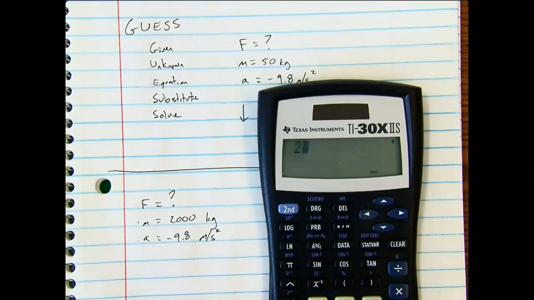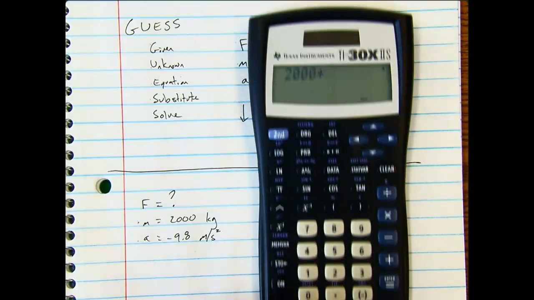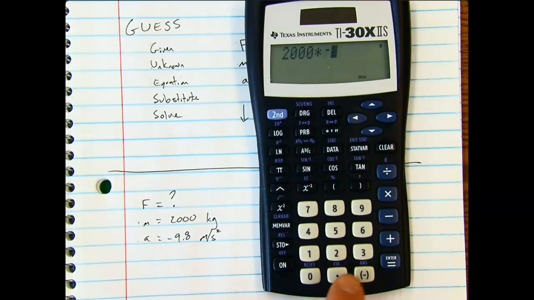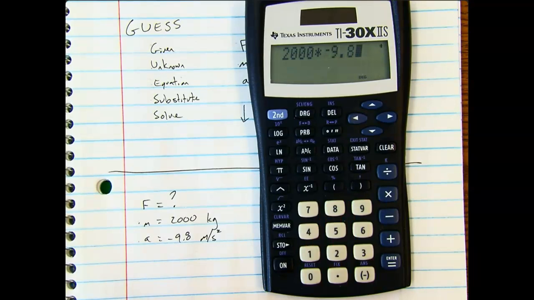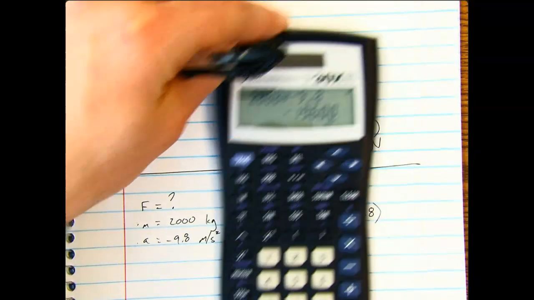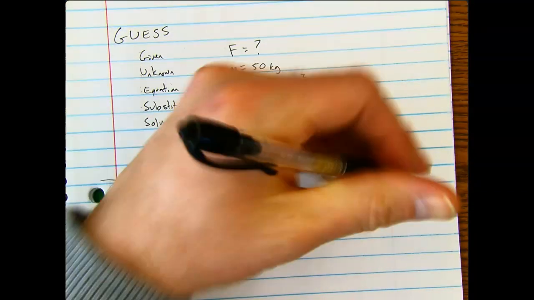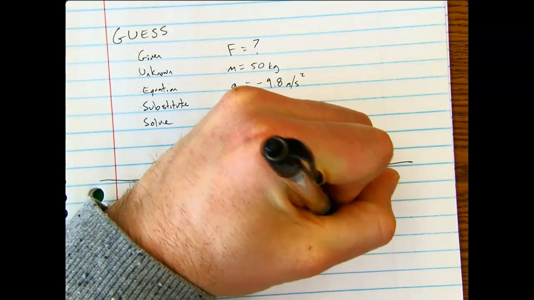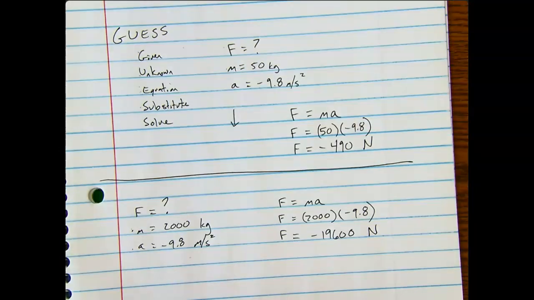So we do 2,000 times, so everyone can see this, negative 9.8 equals negative 19,600. So the force of gravity on this elephant is negative 19,600 newtons.